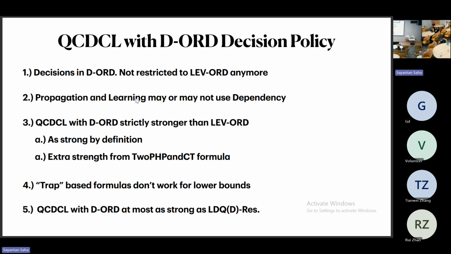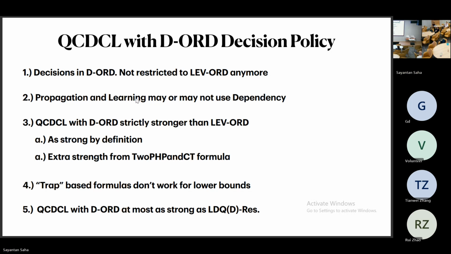But what we can say is that with the dependency order, it's definitely at least always as strong as level ordered, because any level ordered decision policy is included in dependency order. And in fact, there's a formula to show that dependency-ordered is strictly stronger than level ordered.